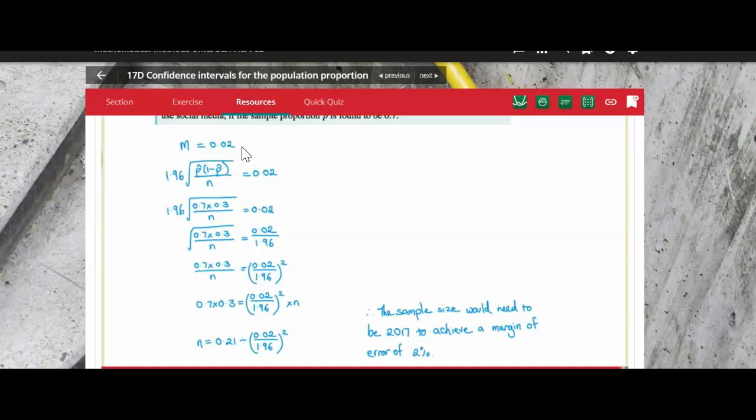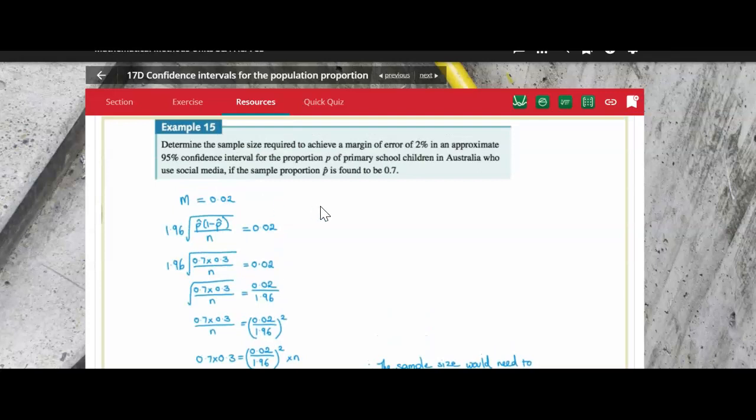And if you're given your margin of error, so in this case it's 0.02 or 2%, you could find p hat or you could find your sample size. So this question has given us p hat, our sample proportion. But if you had to find your sample proportion, then you can just substitute in for everything else. Okay, so just using the same formula in a different way.